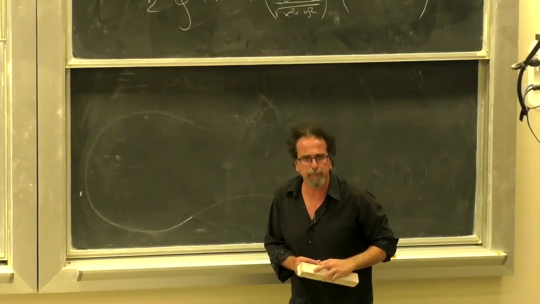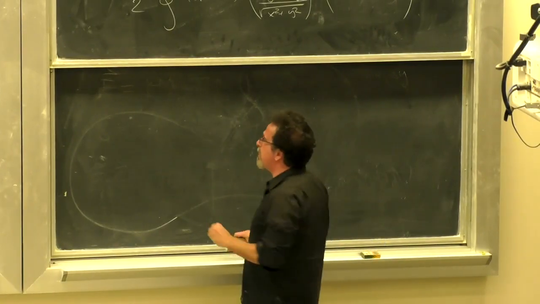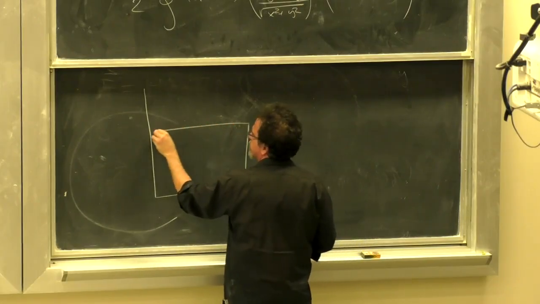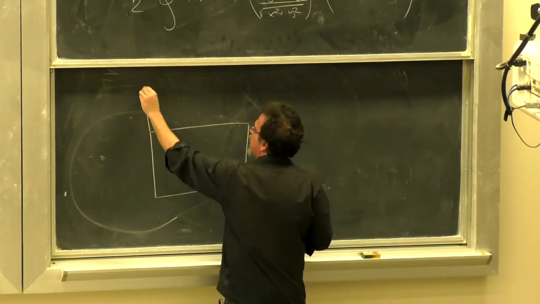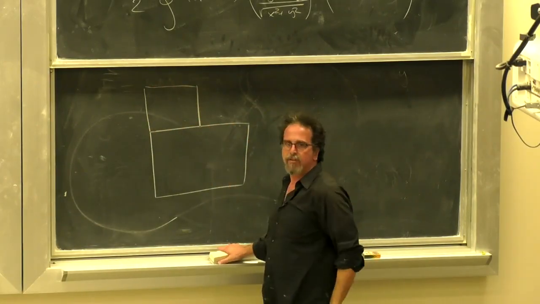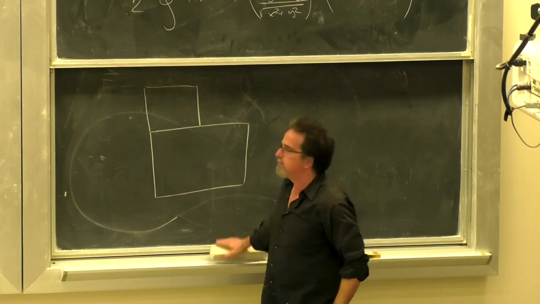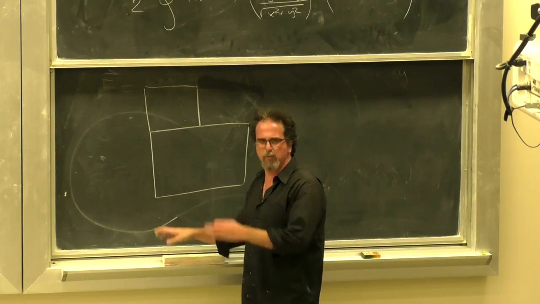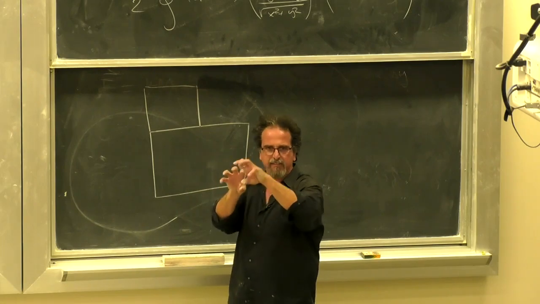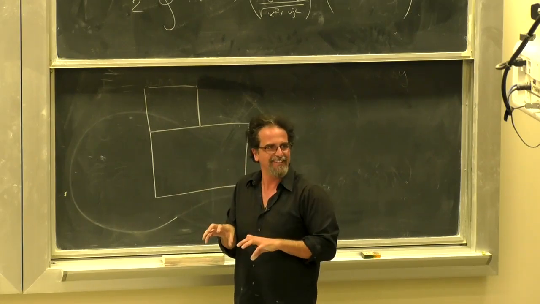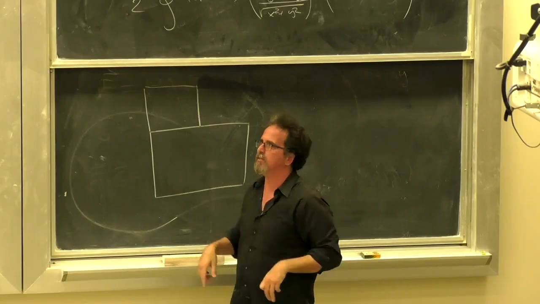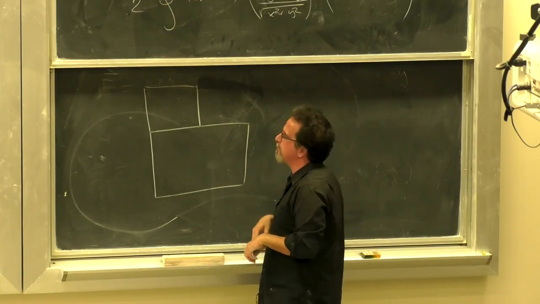Let me build up a domain that consists of this kind of rectangle, the one we just had, and another rectangle that I've stuck on top of it. In fact, I will stick it like that. Because you realize that you can make really complicated domains by just tucking little rectangles into all of them, right? And you take a complicated jelly bean domain and chop it into little rectangles that fit as best you can.